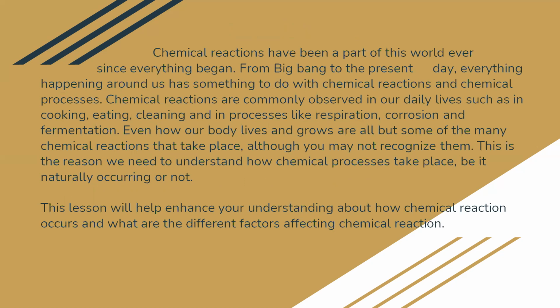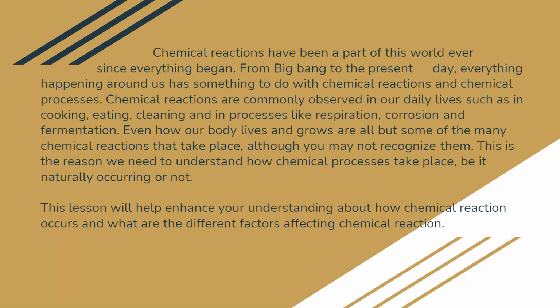Chemical reactions are commonly observed in our daily lives, such as in cooking, eating, cleaning, and in processes like respiration, corrosion, and fermentation. Even how our body lives and grows are all but some of the many chemical reactions that take place, although you may not recognize them.